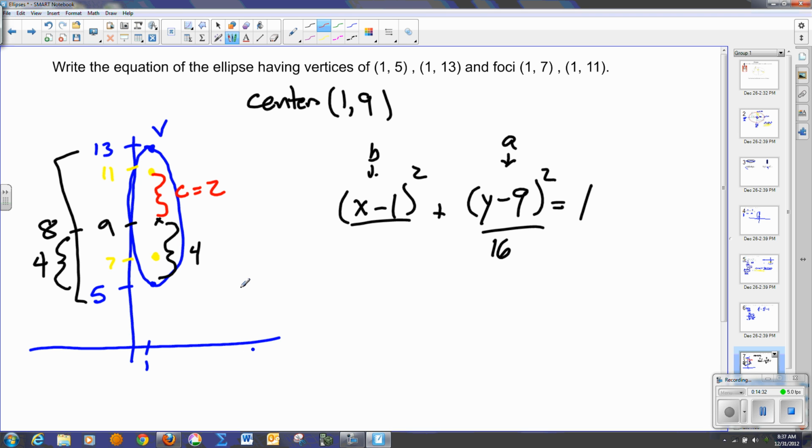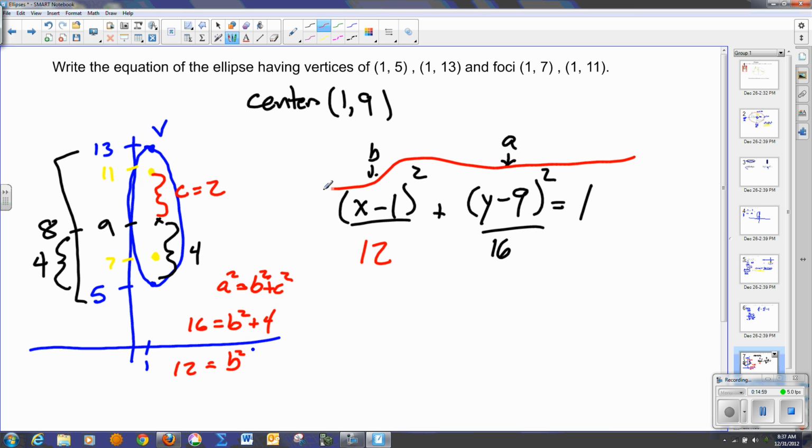So now I know that if I have a squared equaling b squared plus c squared again, and I know a squared is 16, I'm looking for my b squared value. We've already said our c squared value is 4. B squared is then equal to 12, and I can put that value right here. So my equation is given as such.